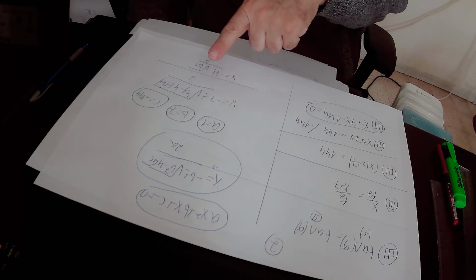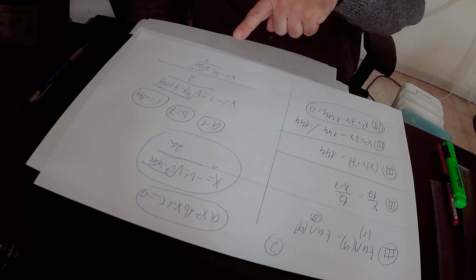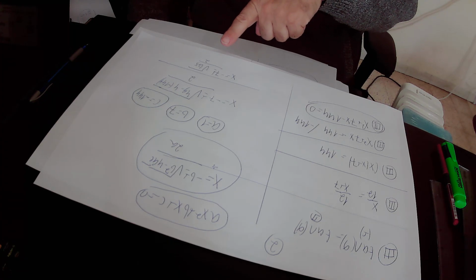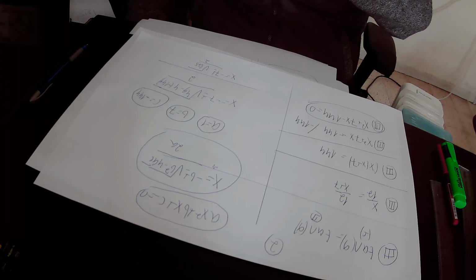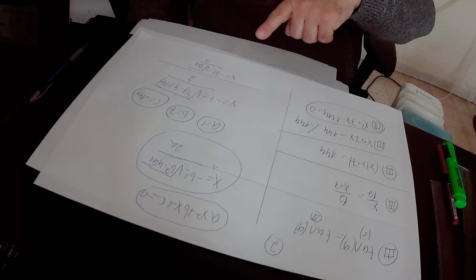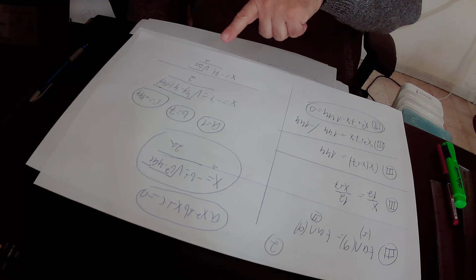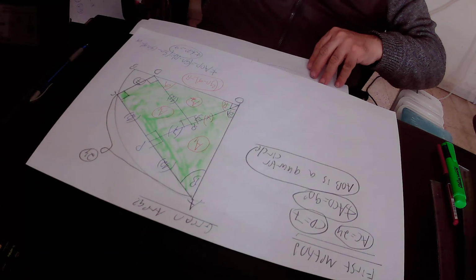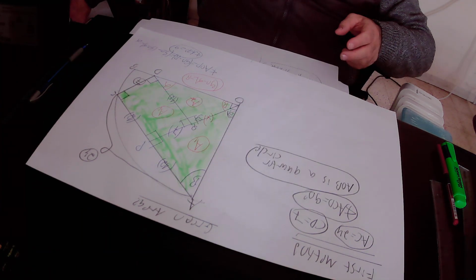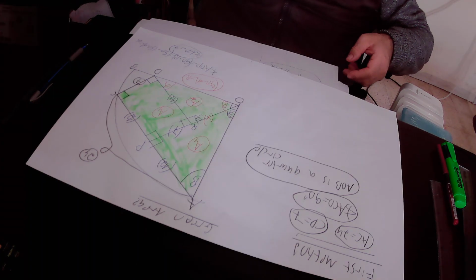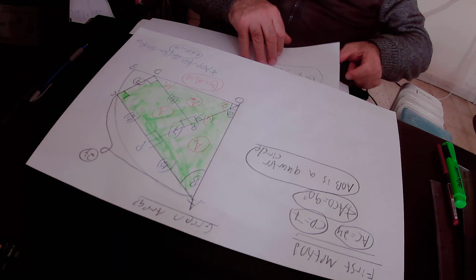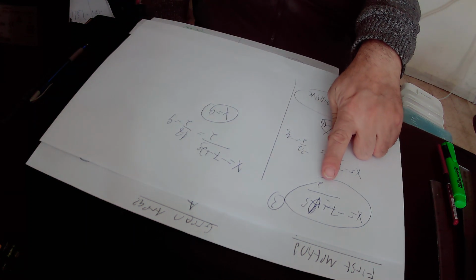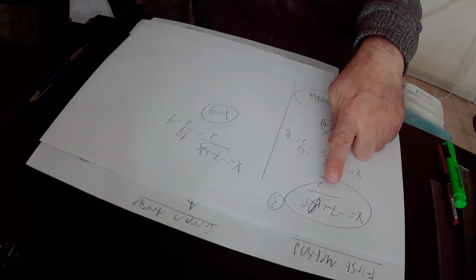Plus 576 plus 49 in total is 625. So x equals minus 7 plus minus the square root of 625, which is 25, over 2.